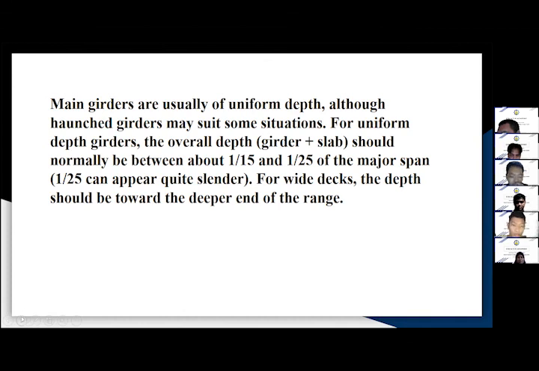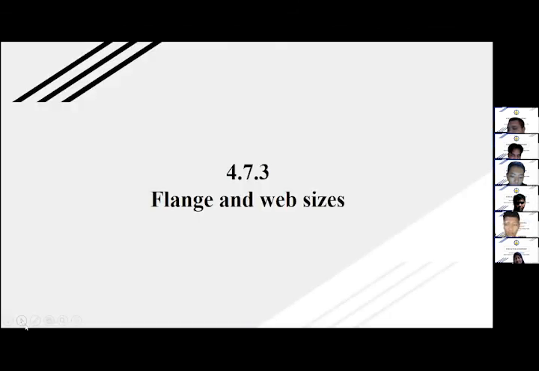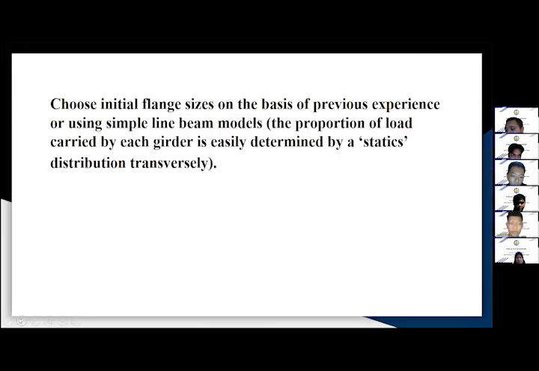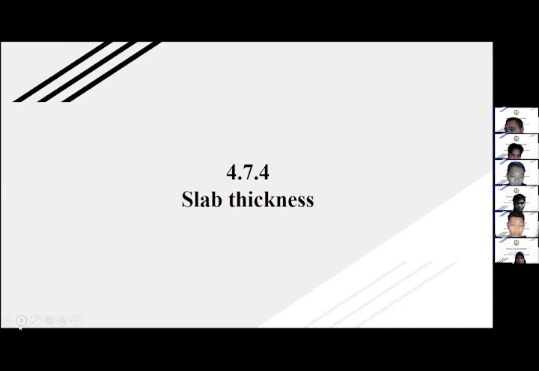For wide decks, the depth should be towards the deeper end of the range. 4.7.3 Flange and web size. Choose initial flange size on the basis of previous experience or using simple line beam models. 4.7.4 Slab thickness.